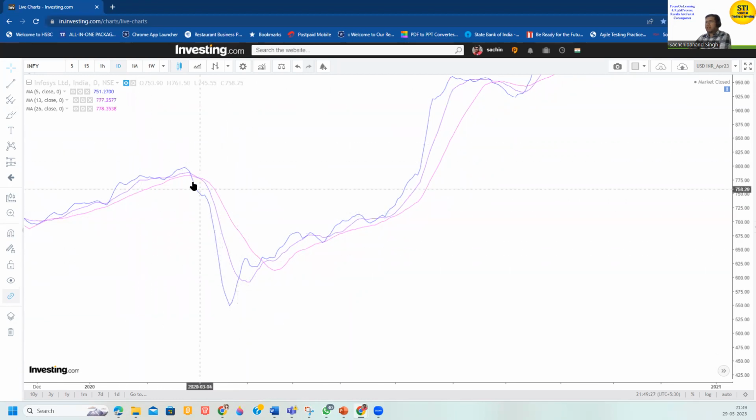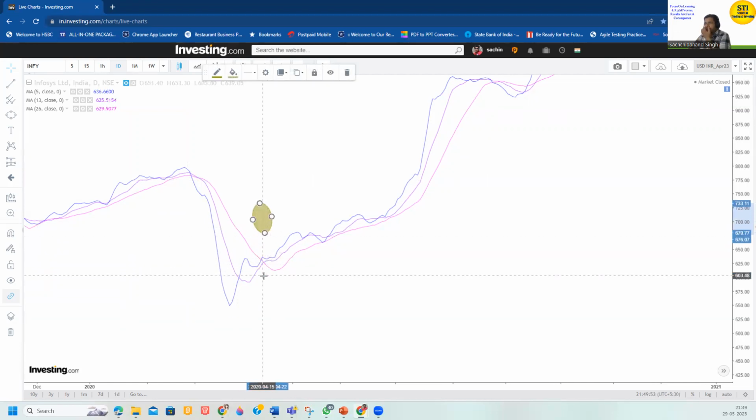So look at what is happening here. When the stock price fell here, till this lower point it fell down, and this is the period where some positive crossovers are happening. When I say positive crossover, it means the moving average in the lower time frame is crossing the higher time frame.